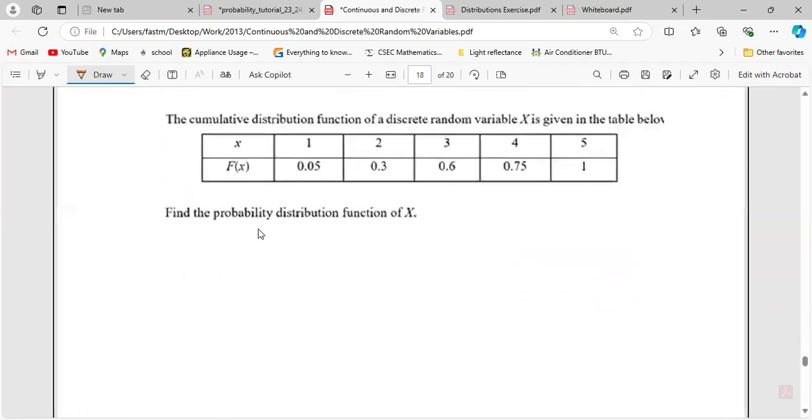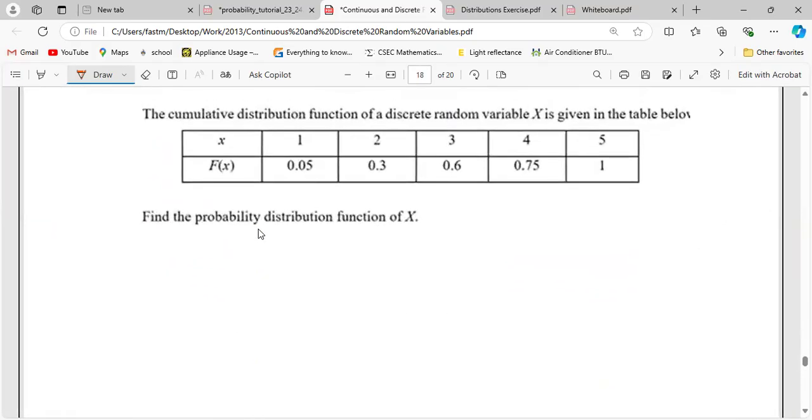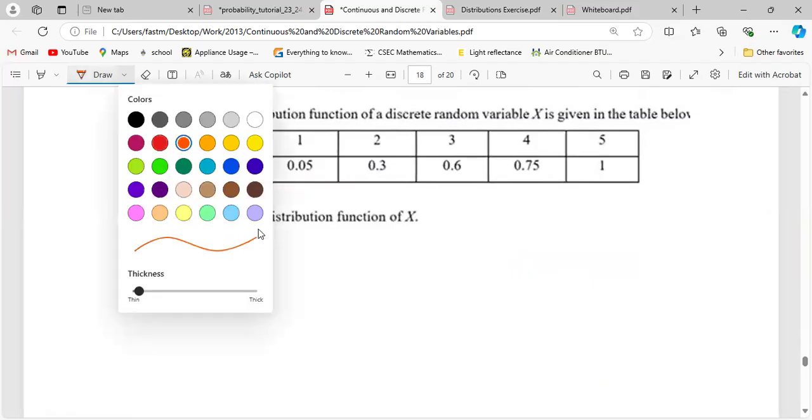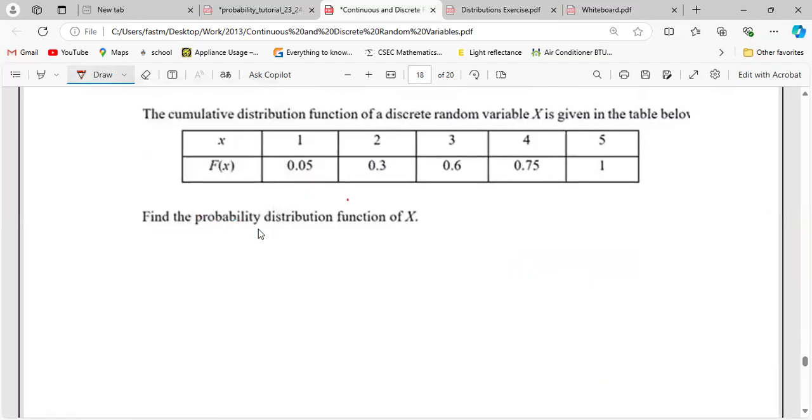So this one here is a little more involved, but the same idea. So instead of giving you the PDF, here they give you the CDF. Because capital F of X is your CDF, right? So what they give you, capital F of X, is the probability that X is less than or equal to x.